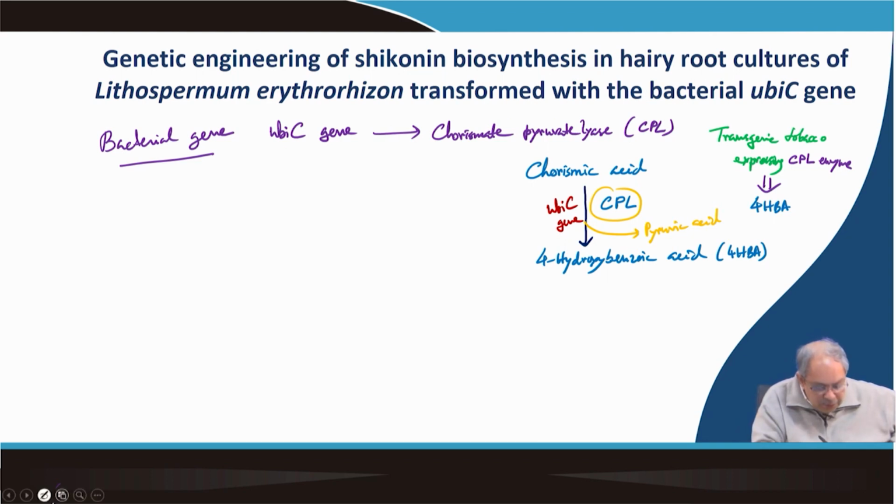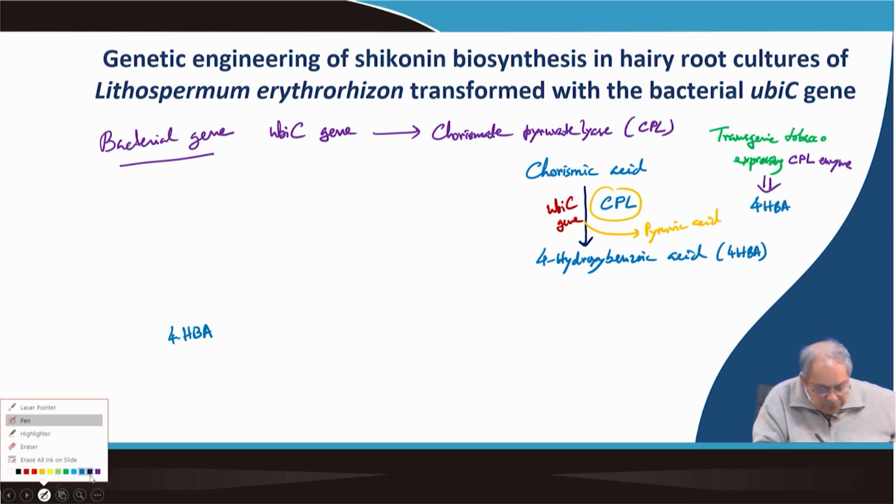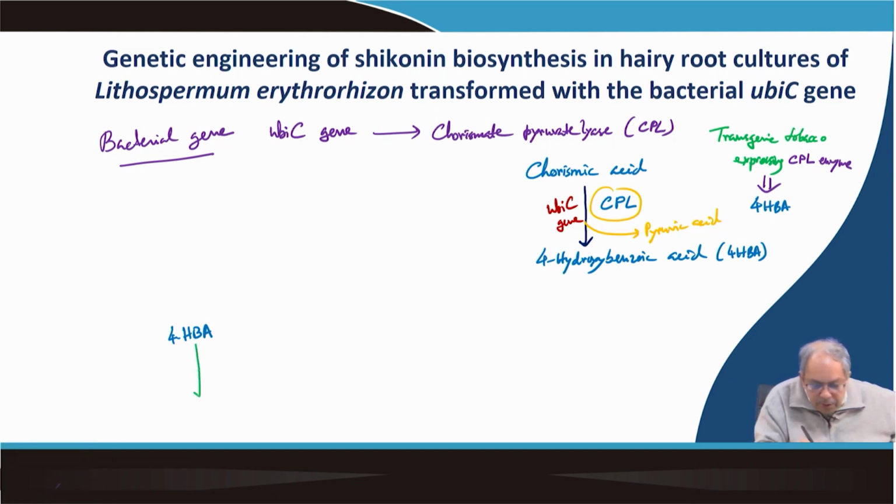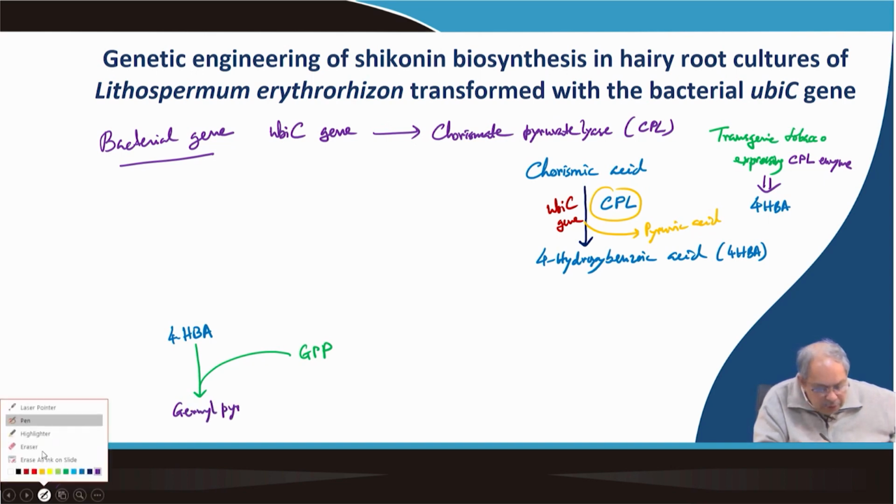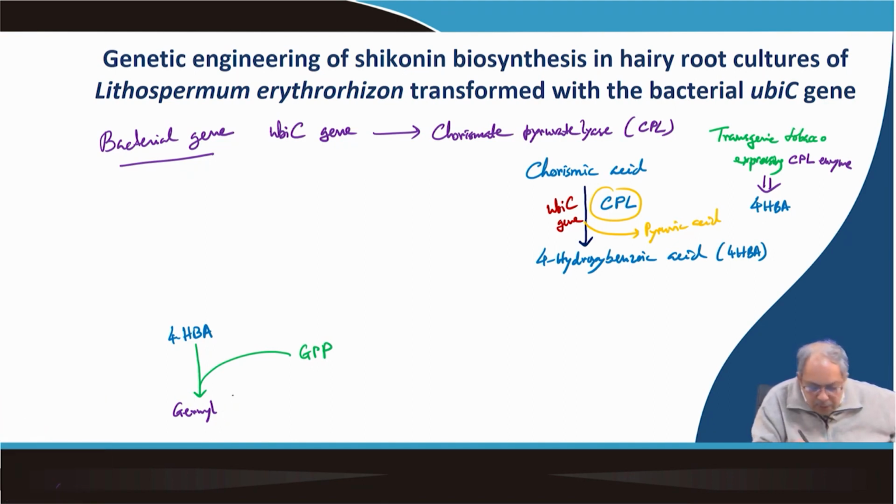So, what I have shown is that 4-hydroxybenzoic acid basically joins with GPP and produces geranyl hydroxybenzoate, or geranyl hydroxybenzoic acid, which we can call GBA.